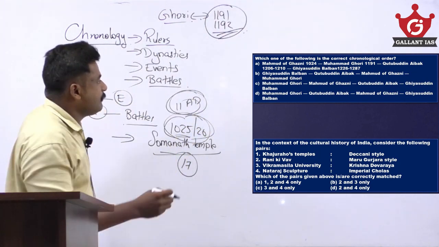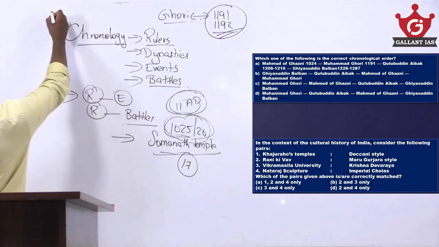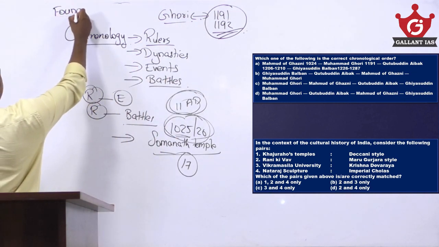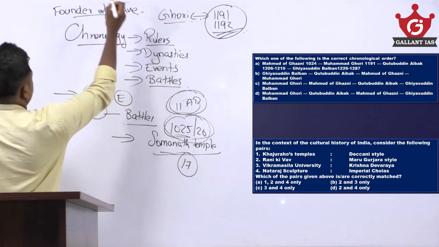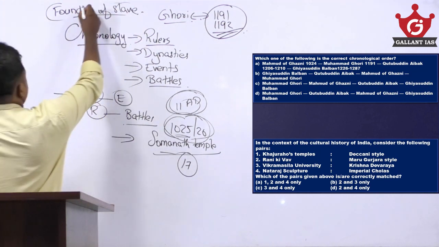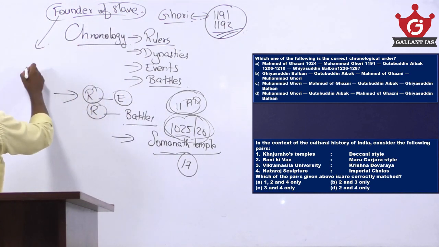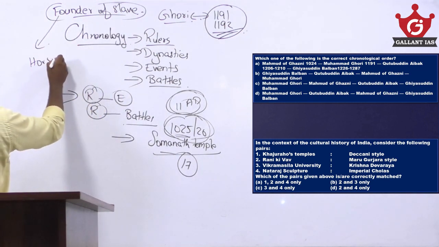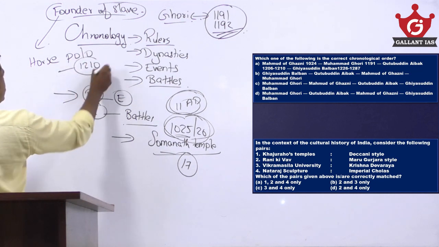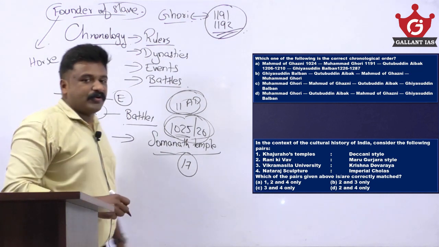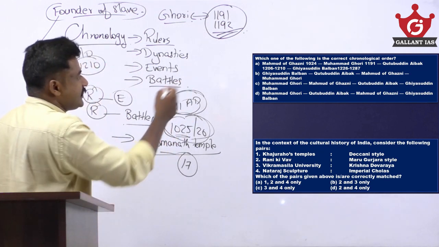Then Qutbuddin Aibak. I know that he was the founder of the Slave dynasty, and he is known for his death while playing horse polo, chaugan. Then there is Balban.